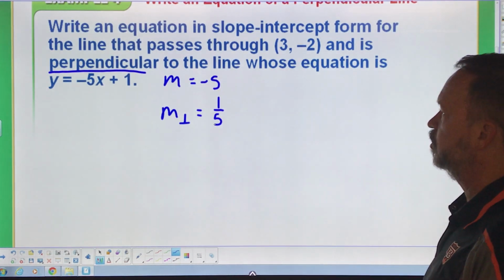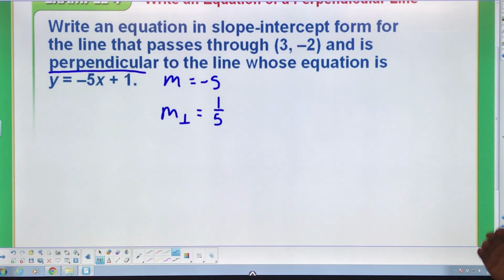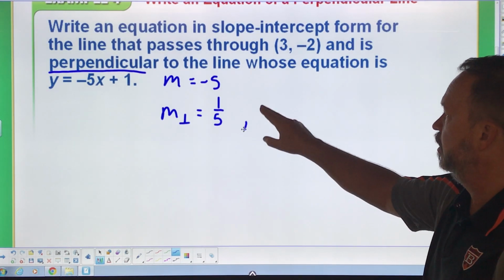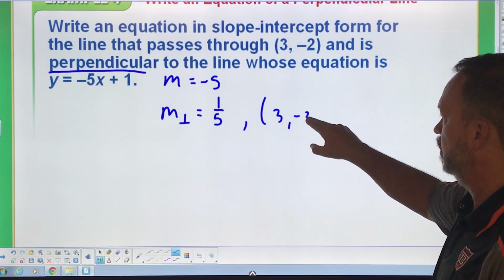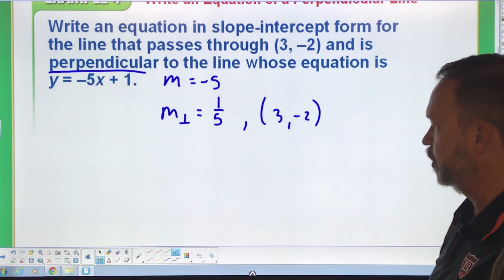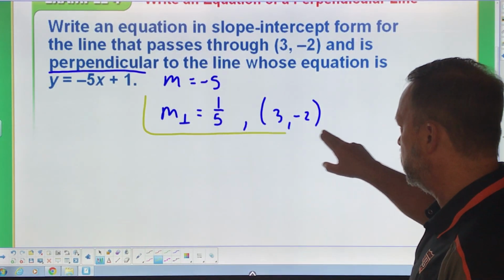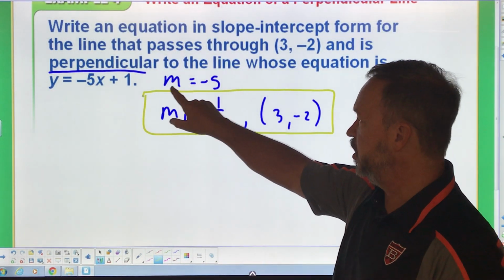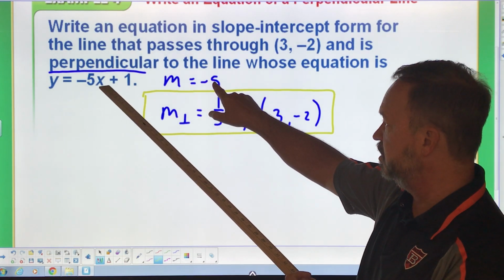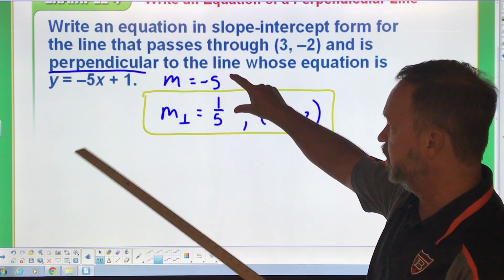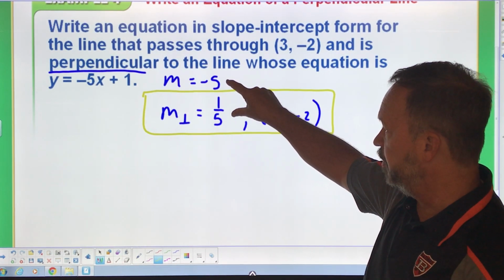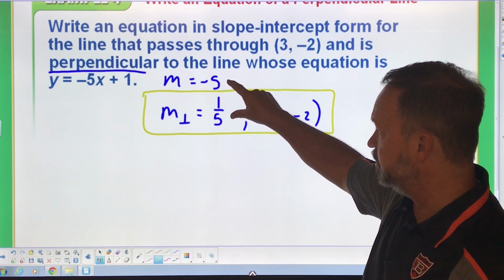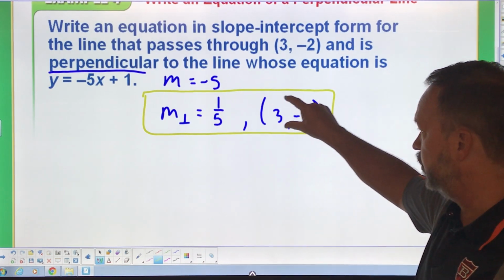Opposite reciprocal, right? So we're looking for a line with this slope through this point. That's what we're doing. This is the information we're working with. Because this was the slope of the line they gave us, but we're doing perpendicular, so it's the opposite reciprocal. If you multiply those, you get -1. So we're looking for this slope with this point.